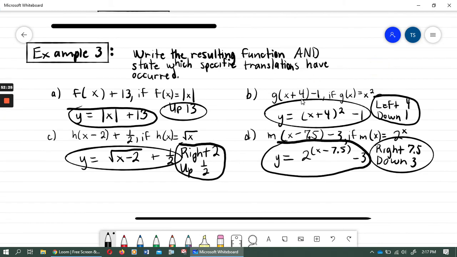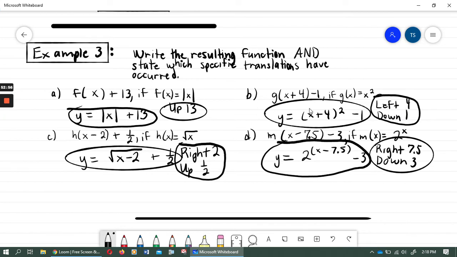All right. Here in part B, if we've got g of x as the parent function, and again, guys, that was the quadratic parent function, and if we're asked to perform this transformation where we're adding 4 on the inside and subtracting 1 on the outside, that's going to be a diagonal translation, both vertical and horizontal.